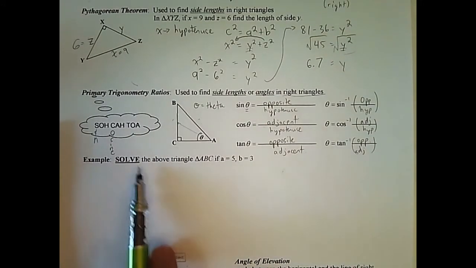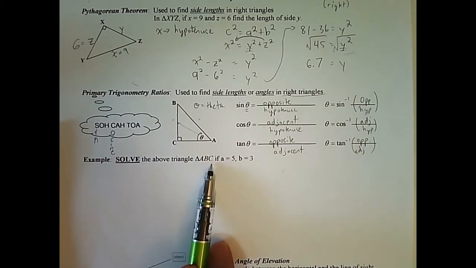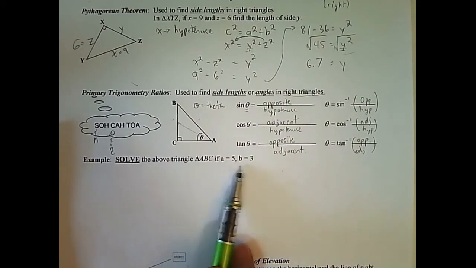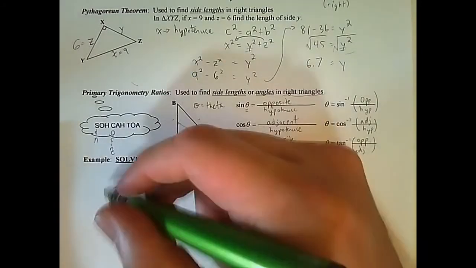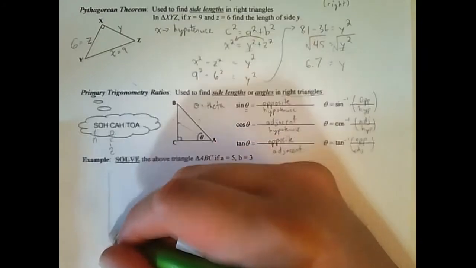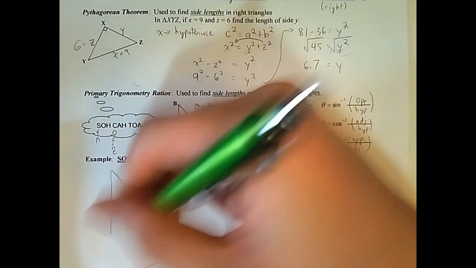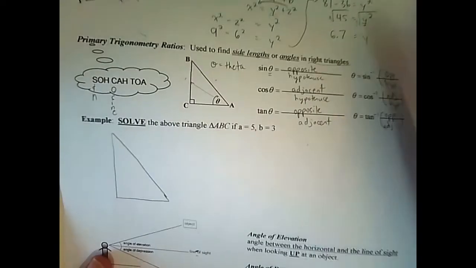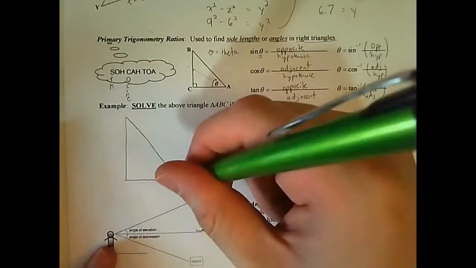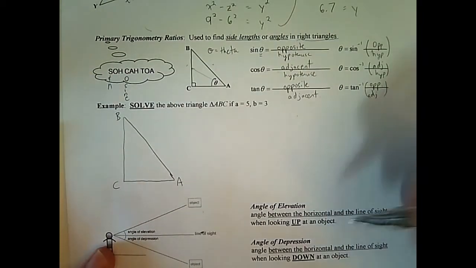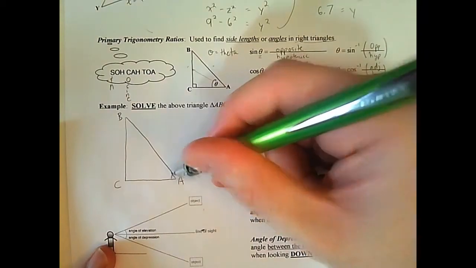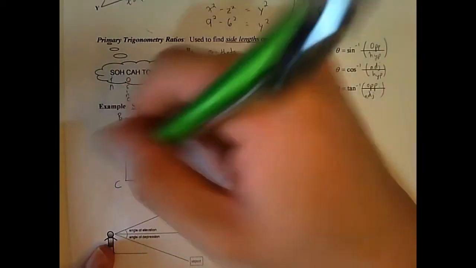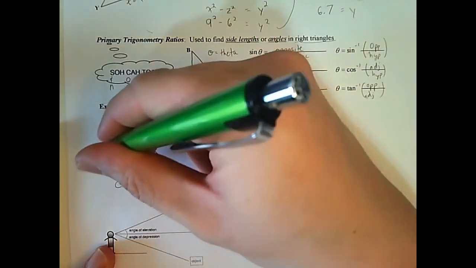So it says, solve the above triangle, triangle ABC, if A is equal to 5 and B is equal to 3. So let's redraw this triangle. Right there. And we said A is this, we said B is this, and this is C. So if this is angle A, well then side A has to be opposite it, which would be over here.